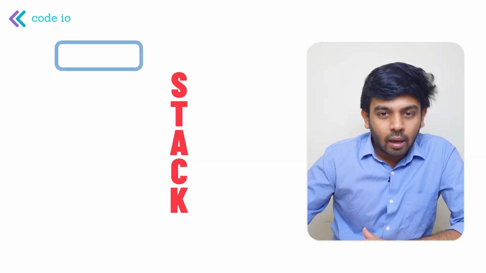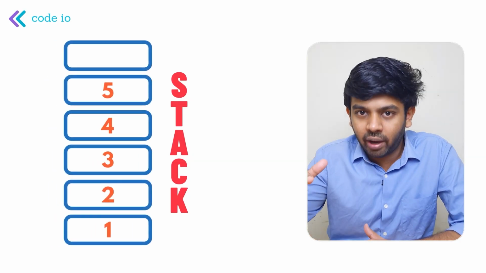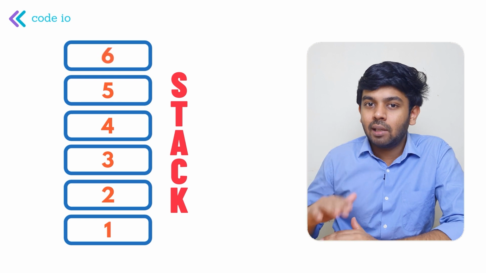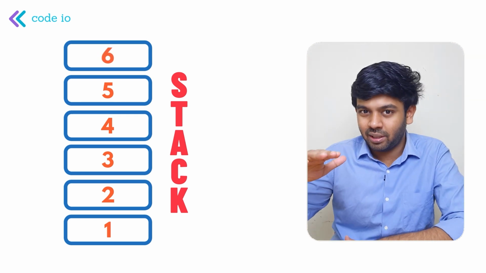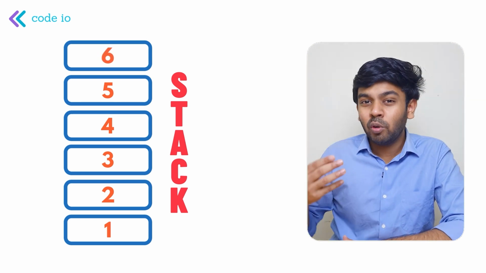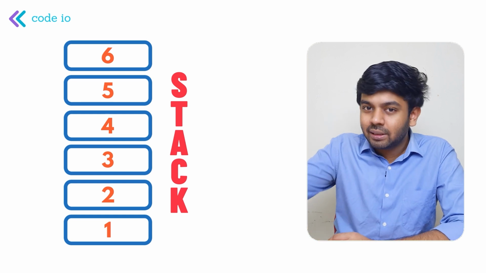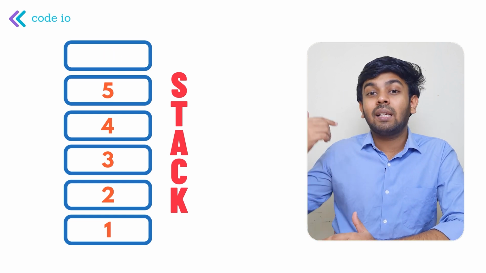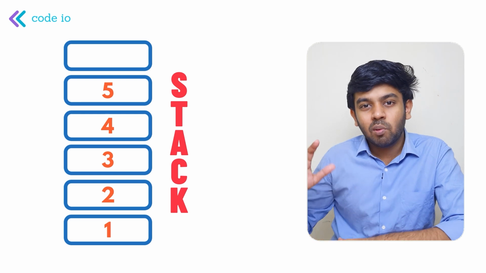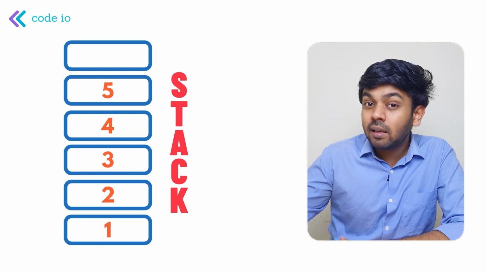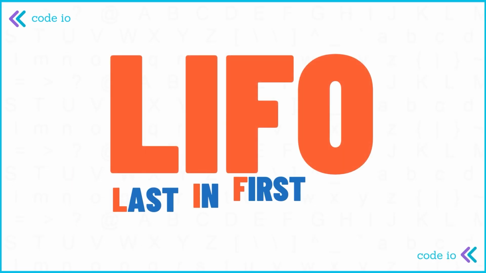Last in first out. What it means is, if we have a set of numbers, we are inserting 1, 2, 3, 4 and 5. If I'm going to insert 6, it will be at the top of the stack. If I want to remove a number, I can only remove 6, right? And 6 was the number that came last to the stack, and that is the one going out first. So last in, first out.